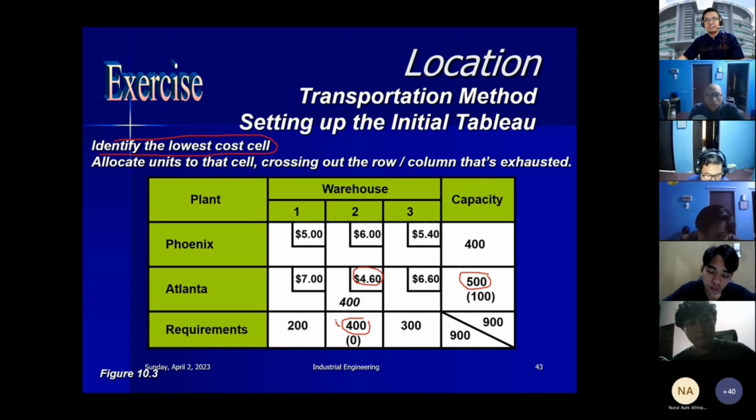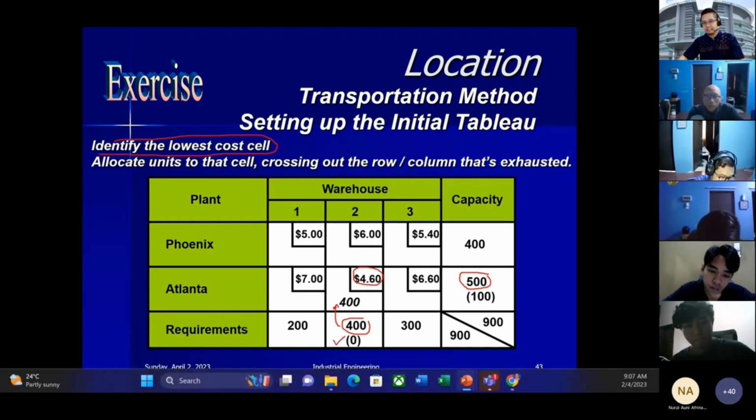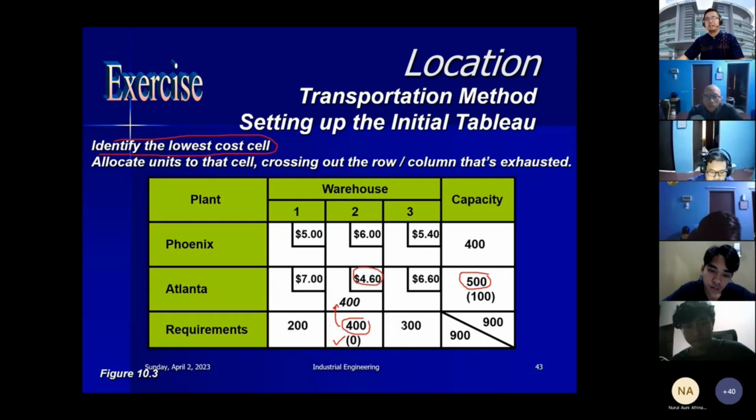Okay, put the requirement here, 400. 400 minus 400, so the balance will be 0. Understand? Meanwhile, for the 500 minus 400, the balance will be 100 left. Okay, clear?